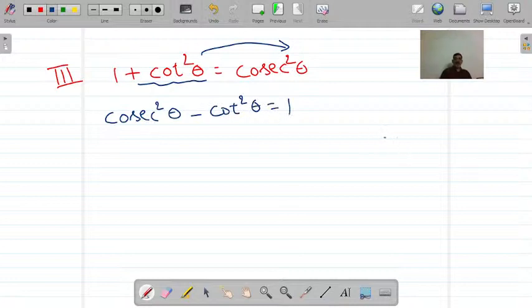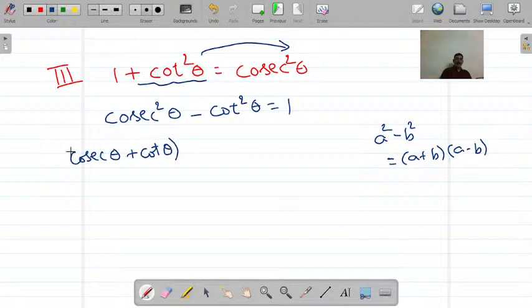Now again it is like a square minus b square, which is simply the product of a plus b and a minus b. So I can write cosecant theta plus cot theta is one term into cosecant theta minus cot theta equal to 1.